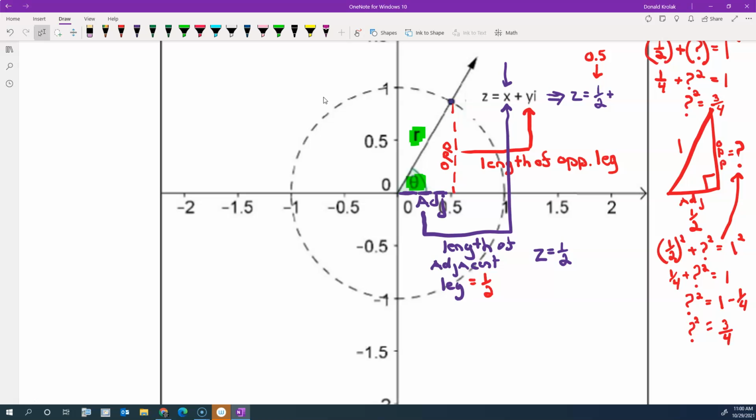And then I'm going to do the square root. So that's going to be root 3 over square root of 4, 2. So I now know what this length is. It's root 3 over 2. So that's the value of y, root 3 over 2. So this is going to be root 3 over 2i.